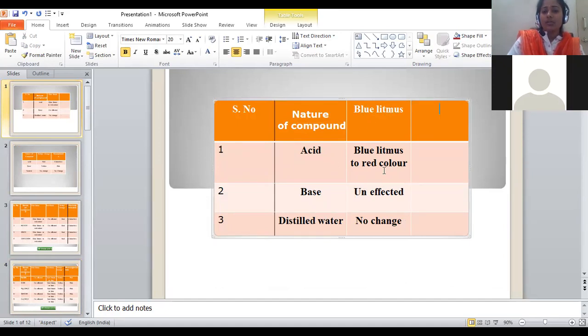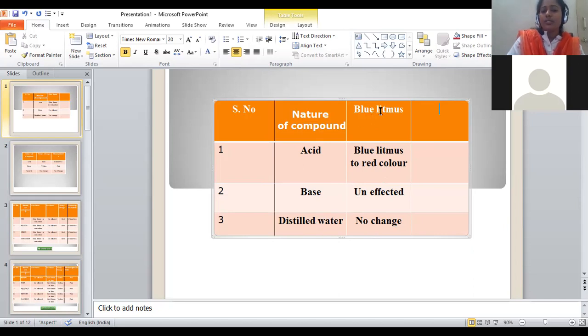When acid is there, blue litmus turns into red litmus paper. When base is there in the test tube, we dip the blue litmus paper and there is no change, right? When distilled water is taken, it is neither acidic nor basic. Hence, there is no change in litmus color.